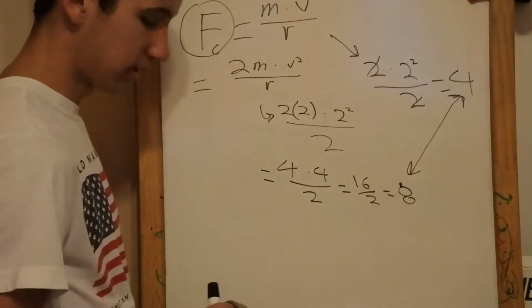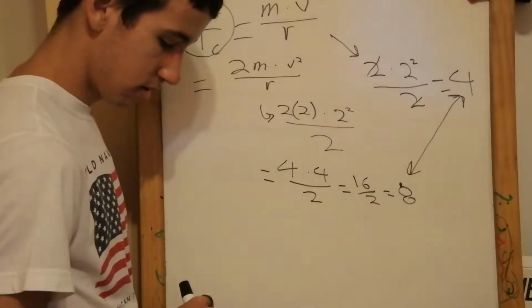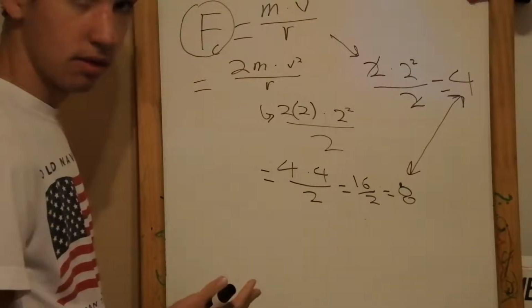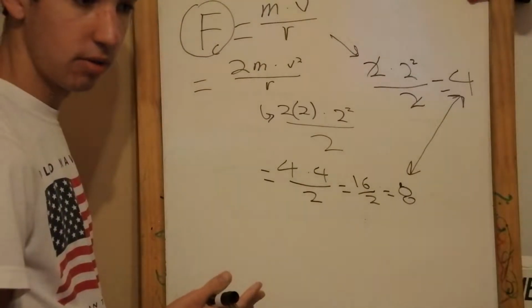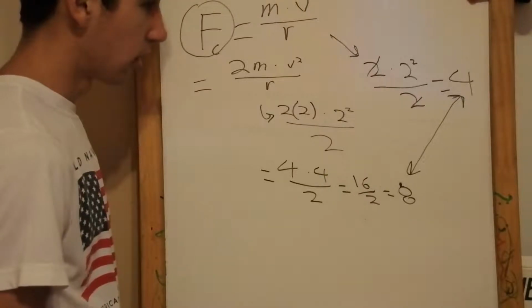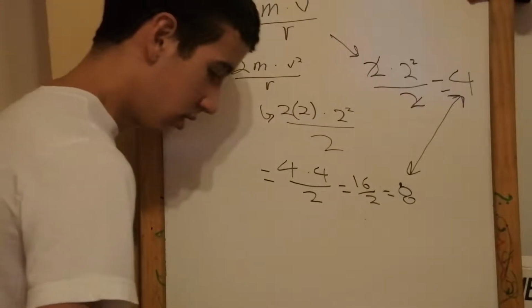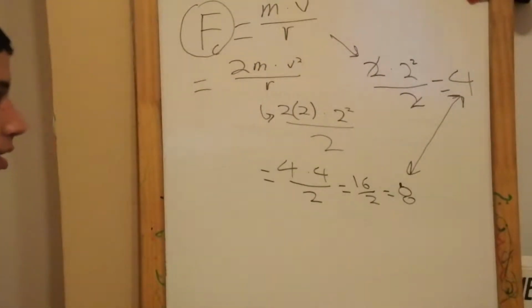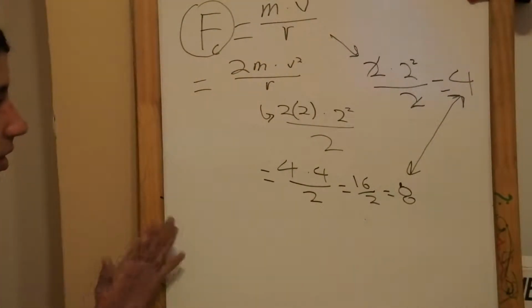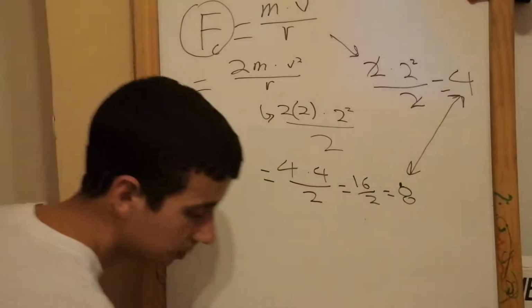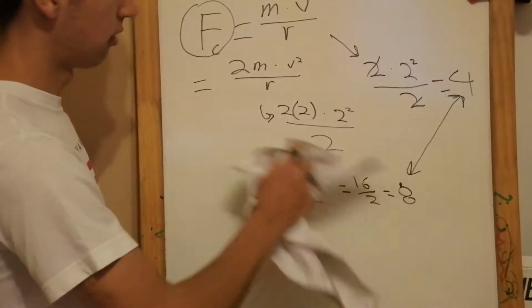So we can write down as our answer, when the mass doubles and the other variables are held constant, the centripetal force will double as well. Or, you don't even have to say as well, just say it'll double. Okay? You could even use different numbers for the variables, and I'll do that in a later problem. This was fairly simple, so we don't need to do that.